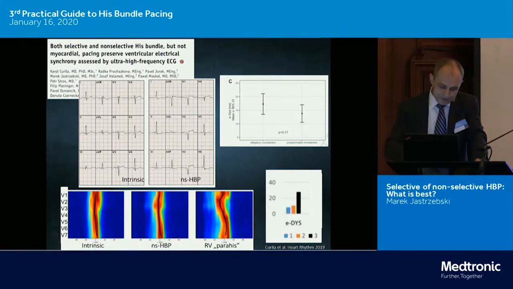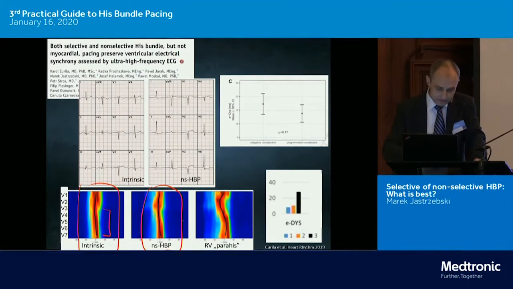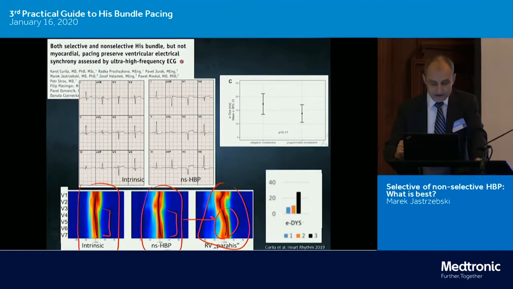And you see the non-selective pacing in that group was identical to intrinsic conduction, well, subtle differences, but basically what happened over the left ventricle, V3 to V7, is the same. This stands in contrast to what happens during myocardial pacing, when the asynchrony delay here is pretty big. It also shows in measures of asynchrony that there is no difference between intrinsic and non-selective.